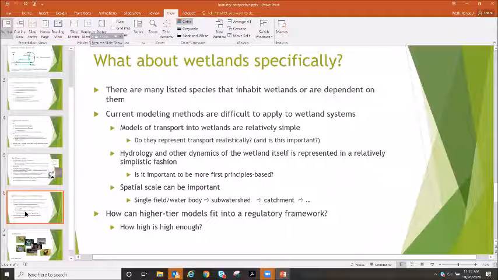Going back to the subject of this workshop, why are we talking about wetlands in an ESA context? As we know, there are lots of listed species that inhabit or rely on resources from wetlands.